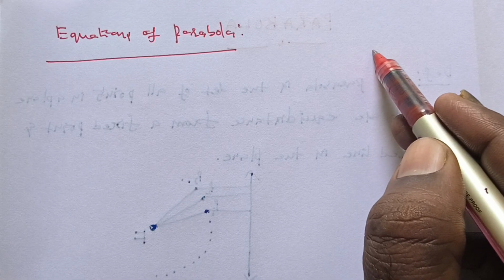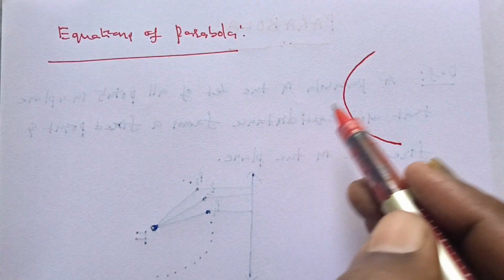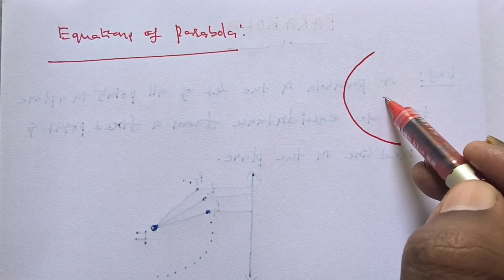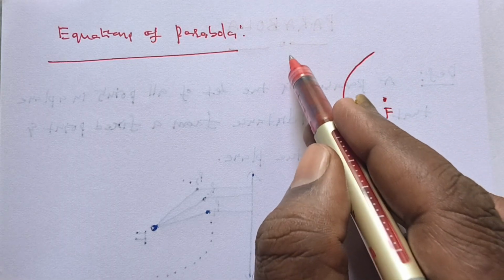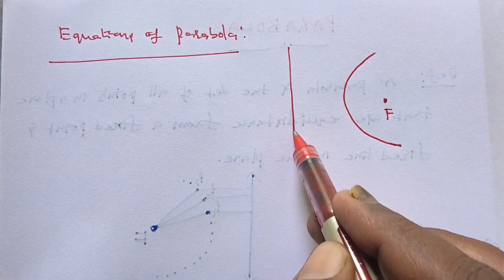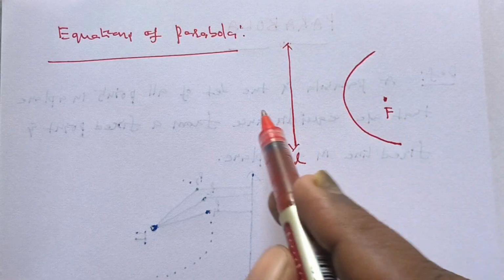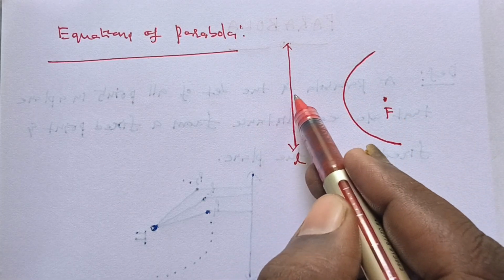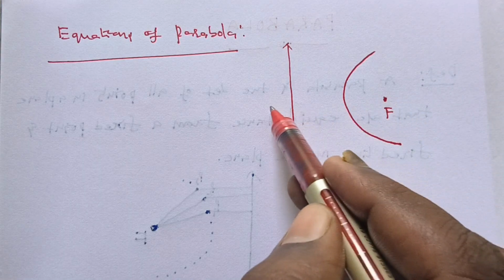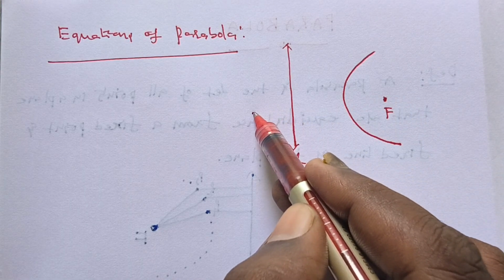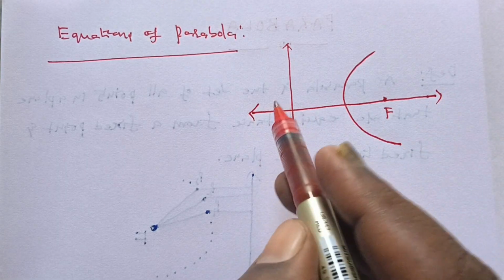Suppose this is the set of all points in a plane, meaning this is the parabola, this is a fixed point F, and this is the fixed line, call it L. A line perpendicular to the directrix and passing through the focus F is called the axis.